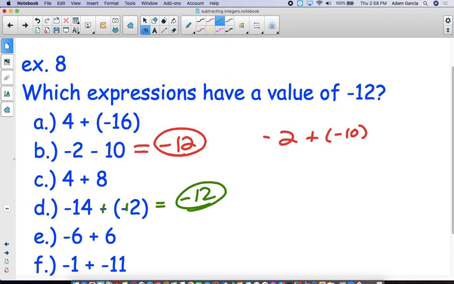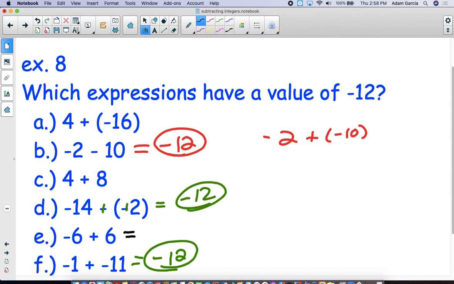F would also equal negative 12. You almost said E earlier, and then you stopped. What's negative 6 plus 6 going to get you to? 0. So this one is not going to equal negative 12. That's going to equal 0.